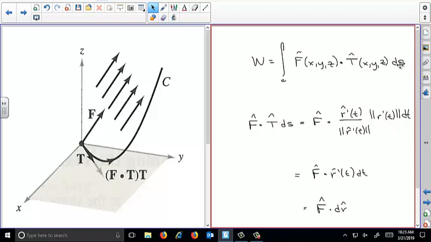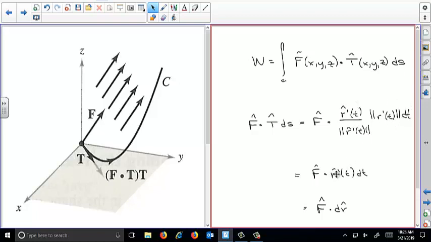This ds here is a scalar, and the magnitude here is a scalar. So a scalar times dt is still a scalar. And then finally, these magnitudes cancel out. This comes from the unit tangent vector, and this comes from changing ds into a differential involving dt.